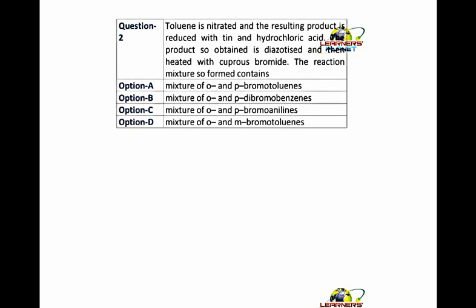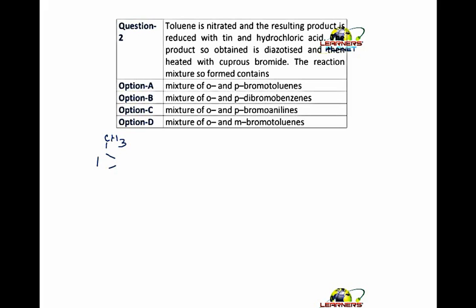See, what is toluene? Toluene is a benzene ring and to this is bonded what? CH3. This is toluene.